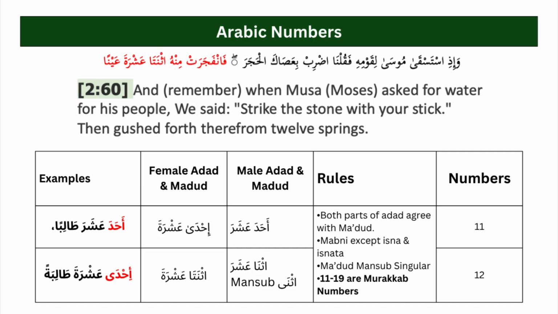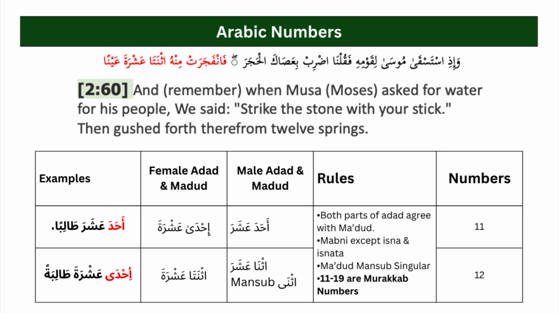At the top, the slide begins with a Quranic example. Fanfajarat minhu ithnata ashrata aynan, meaning, then gushed forth from it 12 springs. This example is useful because it immediately shows us that the numbers from 11 to 19 are a special type in Arabic.